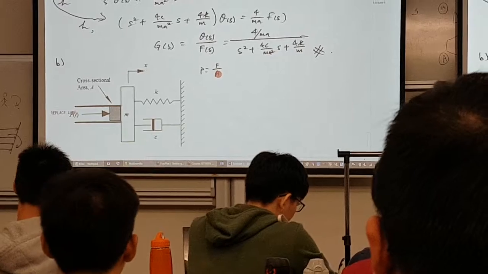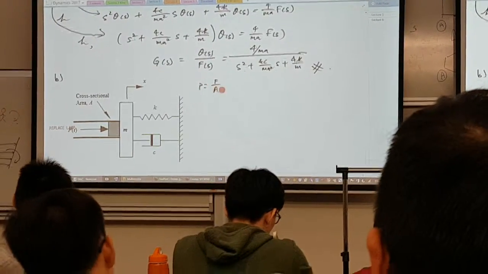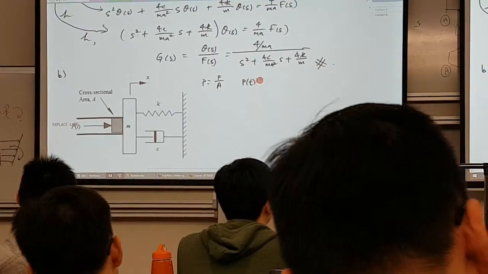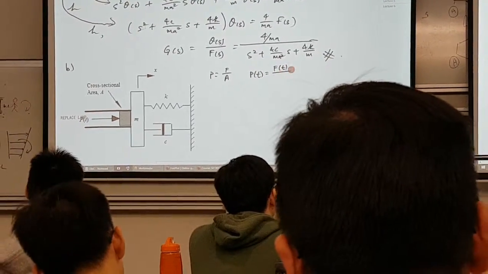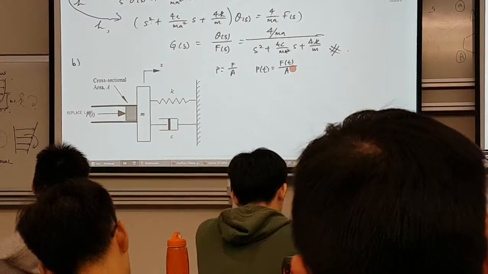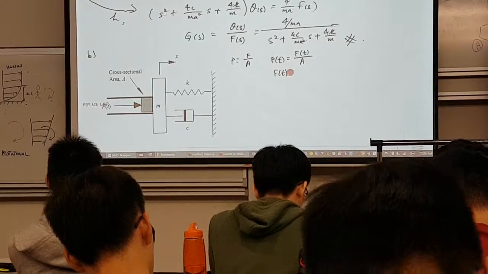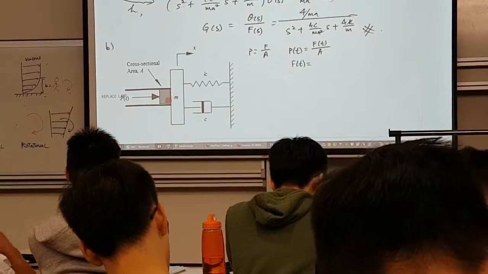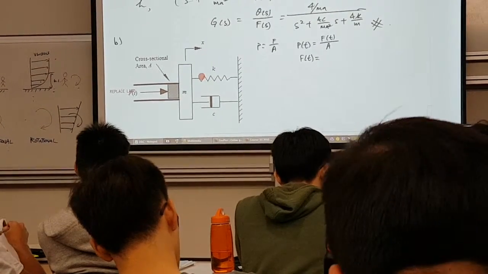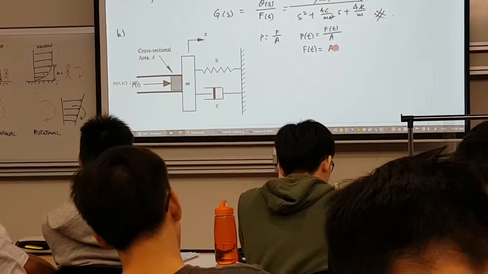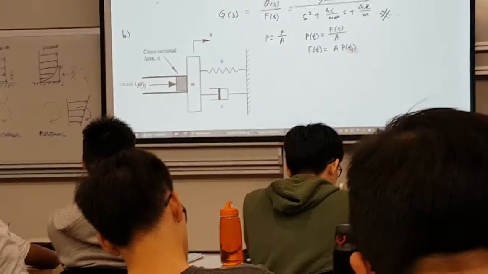Particularly in this case, this pressure here is with respect to a change in time. That force there is with respect to a change in time as well. So that means I can find out what is my F(t) force that's applied to this upper system. So F(t) will be equal to A times P(t), and I'll be making use of that.